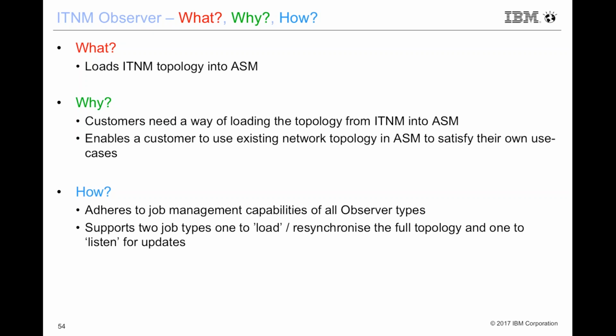There are no plans to make observers in ASM that would observe Cisco switches and network kit. The piece in the portfolio that does that is ITNM, and that will continue to be the case. ASM will get its data from ITNM, so it's not replacing ITNM, it's adding to what ITNM can already do. Move on to the next one.